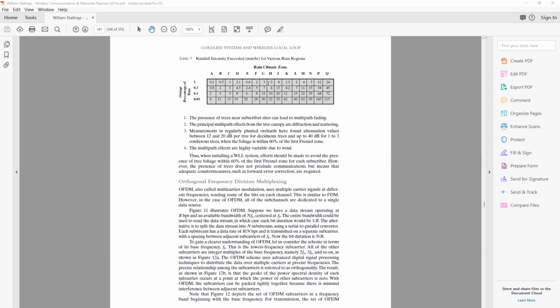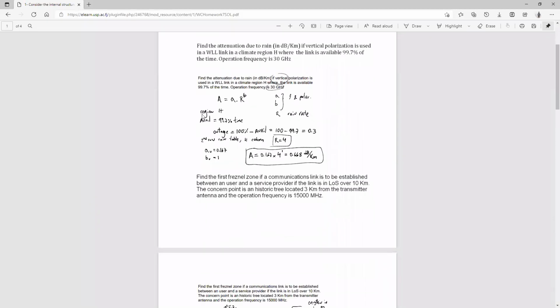To determine that, we go back to our question. The availability is 99.7% of the time. The remaining percentage is the outage, because either the link is available or it is not, and both together give 100%.